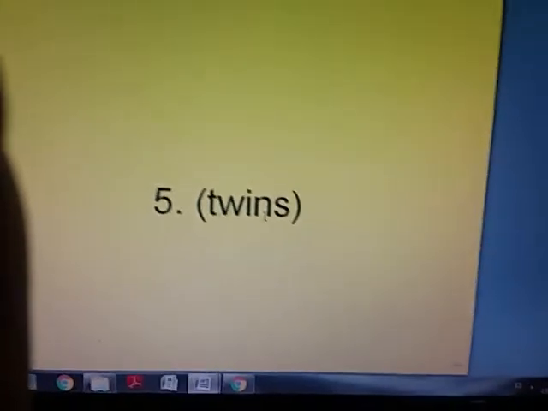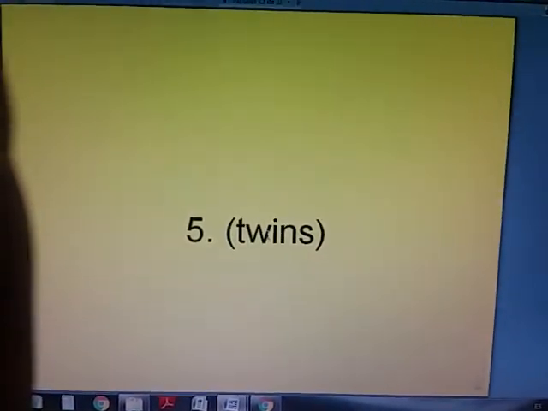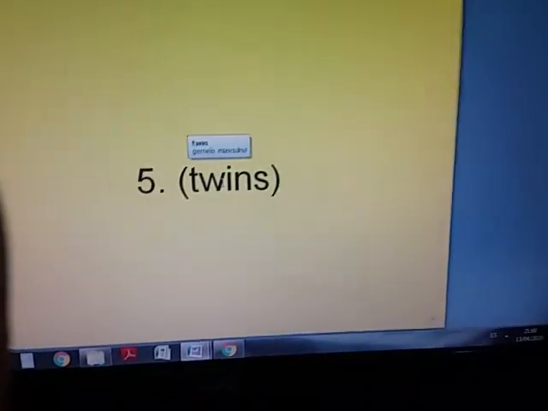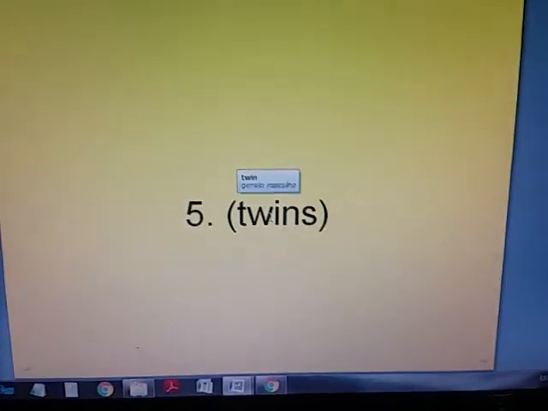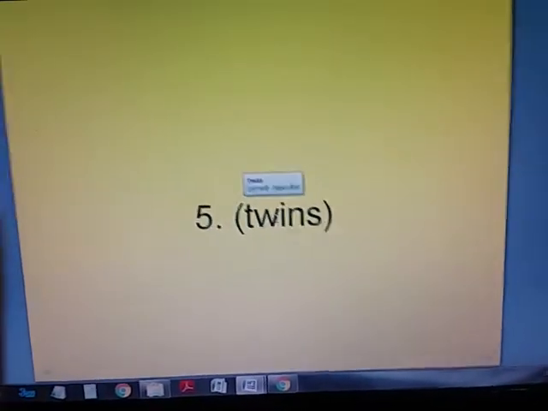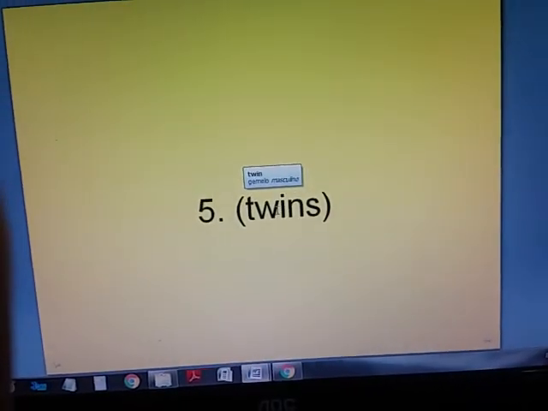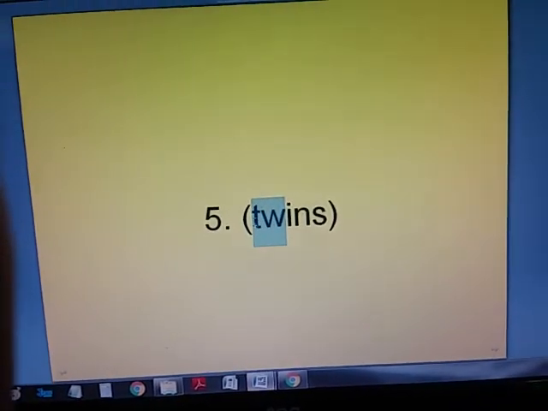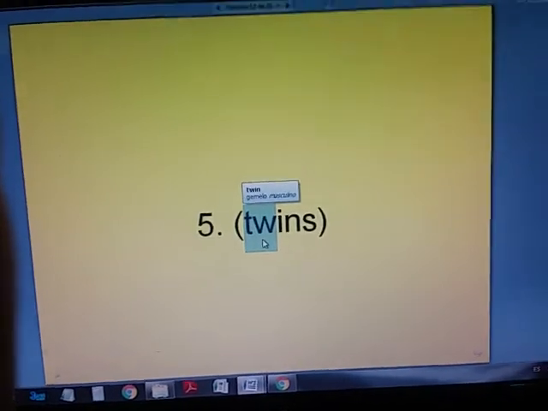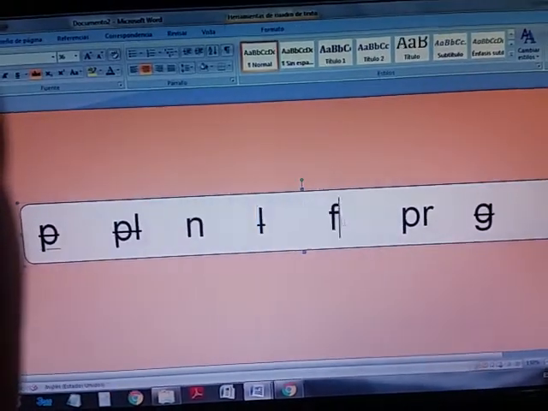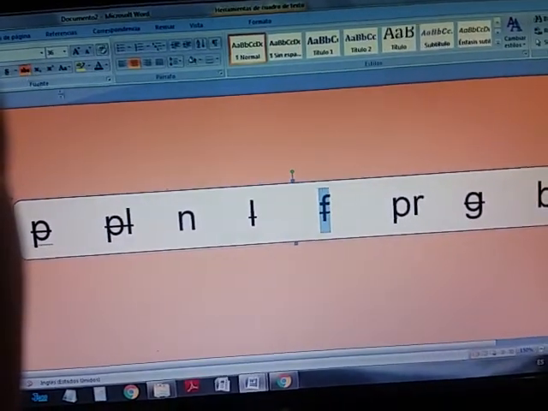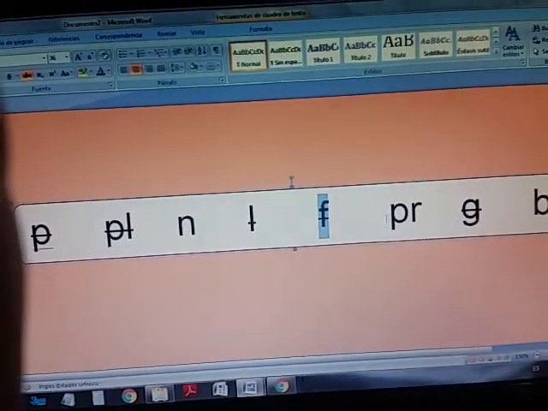Alrighty then. So number 5, we have twins, and the question says, what a fish uses to swim? They put on their feet something that starts with letter F, and those are fins. So what I need is letter F. I cross it out. See, my answers become easier now.